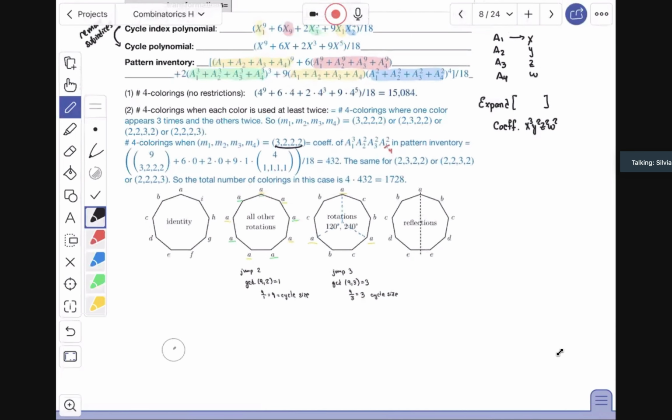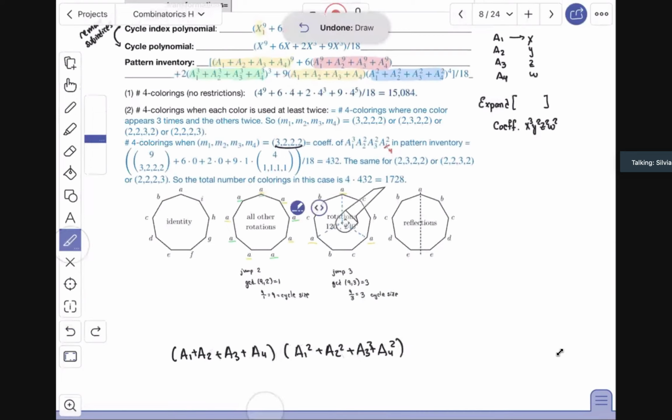I'll do it with the original ones. I have A1 plus A2 plus, and then I have A1 square plus A2 square plus A3 square plus A4 square. And I have that 4 times, right? Maybe I'm actually going to cheat.